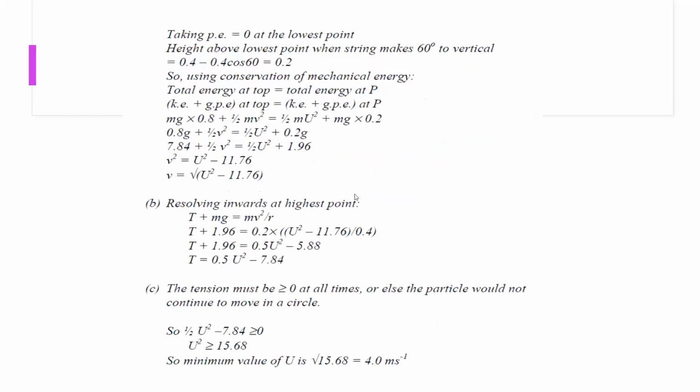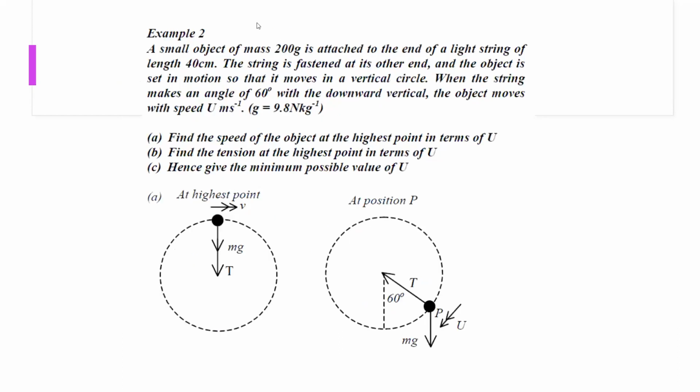And this distance, like this total is 0.4, and the component which is coming on the angle, so the total is 0.4, and part of this is 0.4 cos theta.